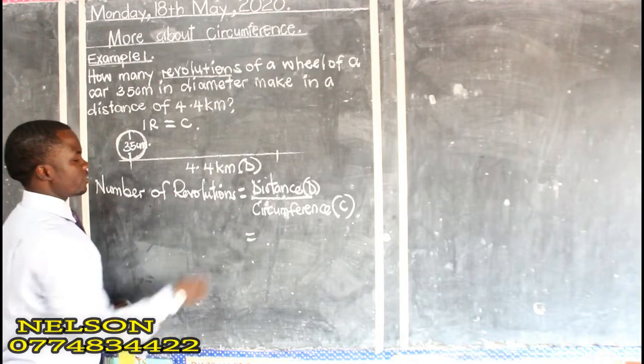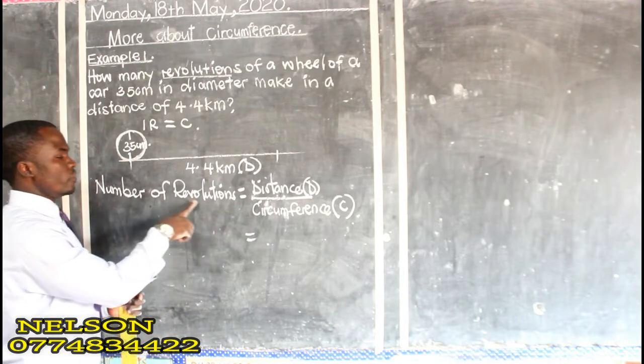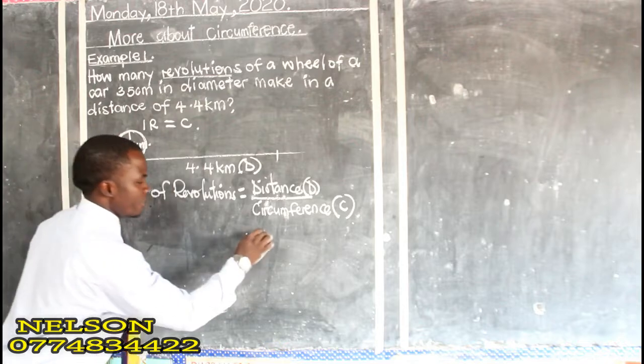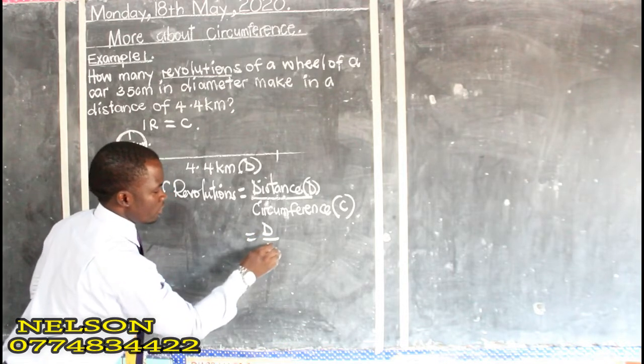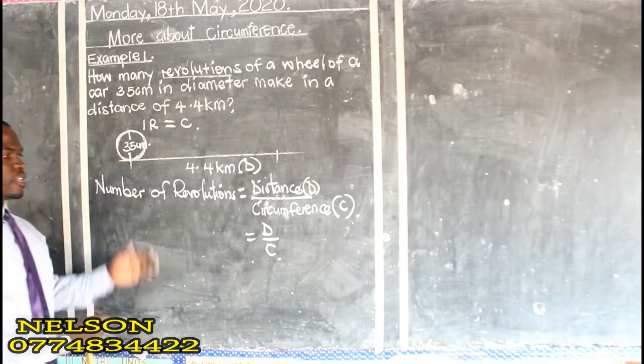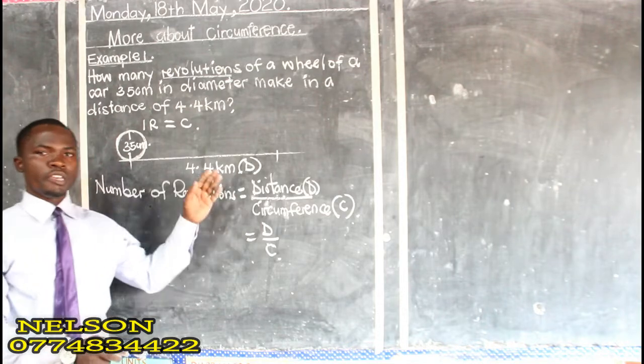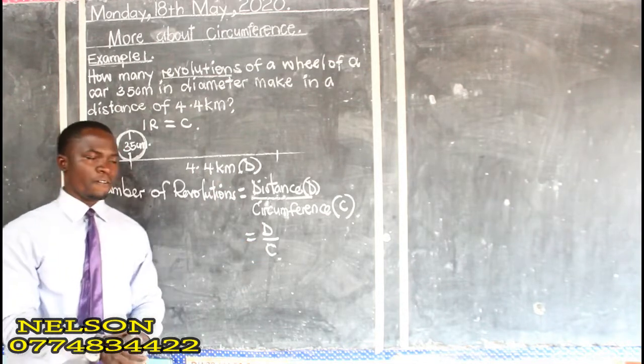And in short, we shall say number of revolutions equals distance out of circumference.